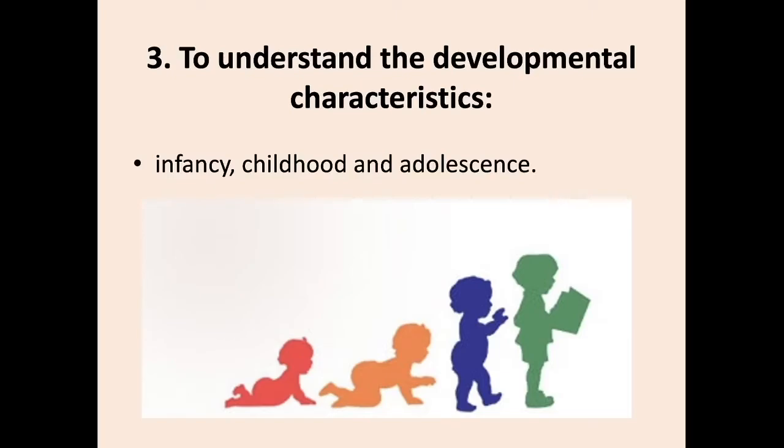The third point is to understand the developmental characteristics. We have studied about growth and development. Growth is something that can be measured or something that deals with the physicality of a person. But development is actually a comprehensive term which includes growth as well as mental developments. So it is said that development is a process that starts from womb to the tomb.